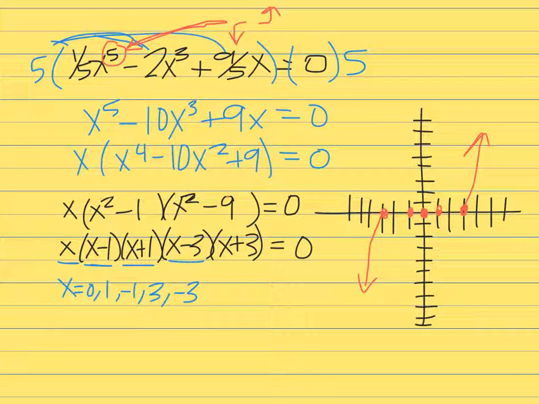So I know the ends are doing that. They're going up and they're going opposite. And it's going to go straight through all the zeros. So straight through there, straight through there, straight through there, straight through there. And I don't really know how much it goes up and down unless I plug a test point in. But that's the general idea.